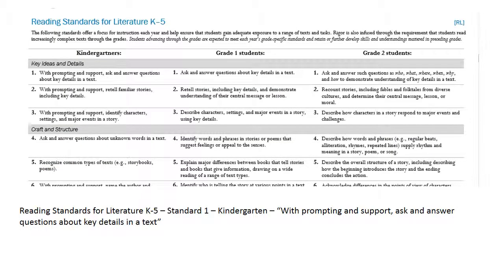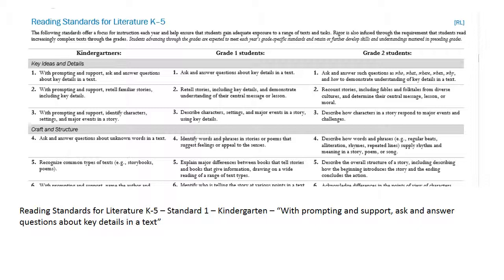Here's a screenshot of the reading standards for literature K-5, so you can follow across the thread for kindergartners, grade 1 students, and grade 2 students, the key ideas, the key concepts here. The top literature standard addresses understanding key ideas and details, for example, and the second one addresses craft and structure.